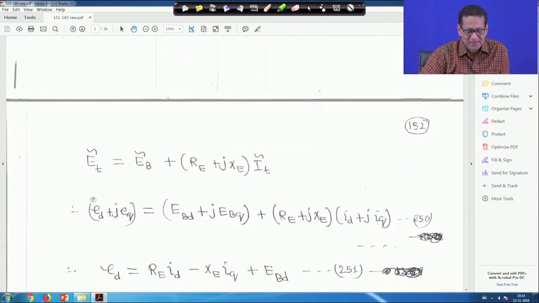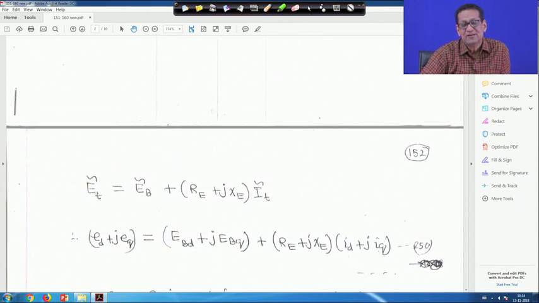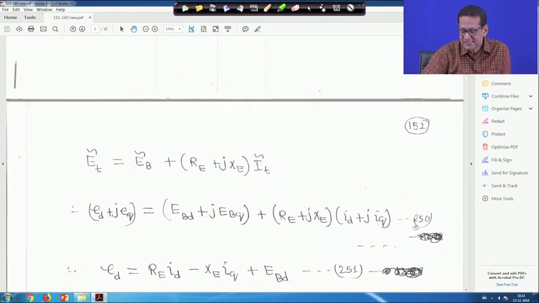So, from that figure you can easily write ET tilde is equal to EB tilde plus RE plus JXE IT tilde, where ET tilde is equal to ED plus JEQ, EB tilde is equal to EBD plus JEBQ, and IT tilde is equal to ID plus JIQ. This is my equation 250.